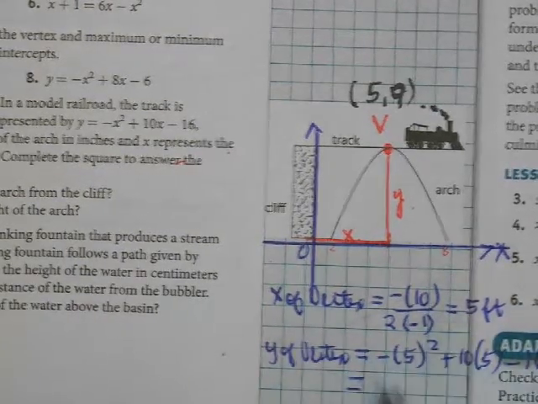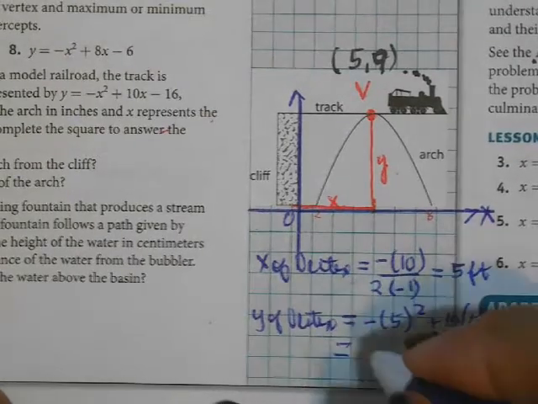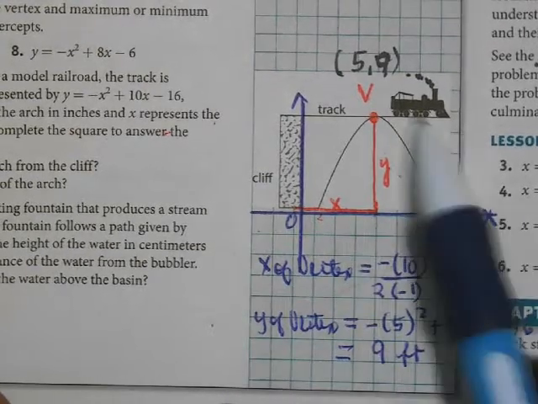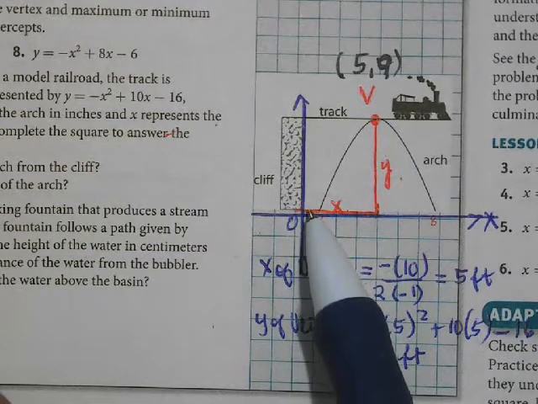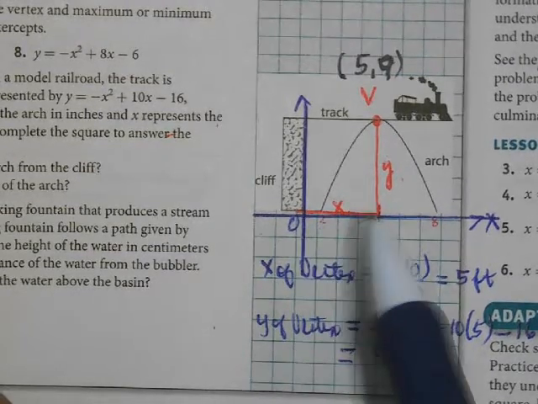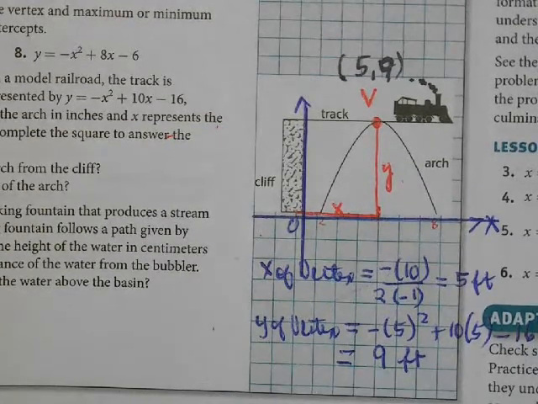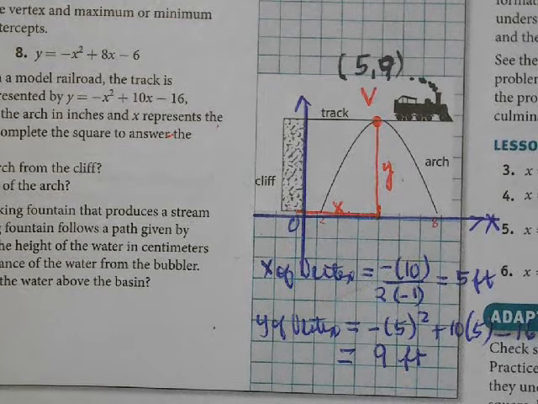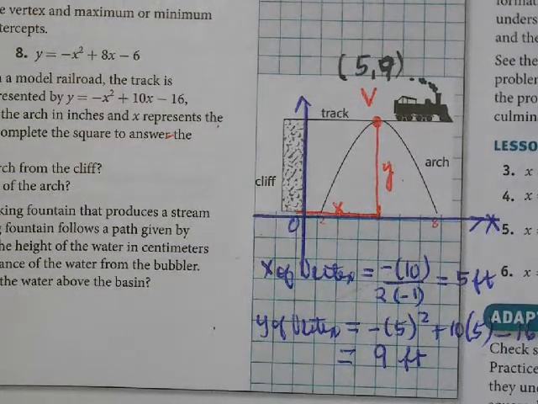That will be negative 25 plus 50 is 25, minus 16 is 9 feet. So your vertex is at the point (5, 9). If you count the feet here, 1, 2, 3, 4, 5 feet and 9 feet. So the answer for B is 9 feet. This is how you solve it. Like I said, you always look for the vertex, and the vertex will answer a lot of the questions.